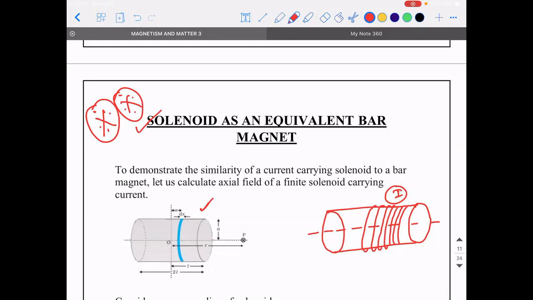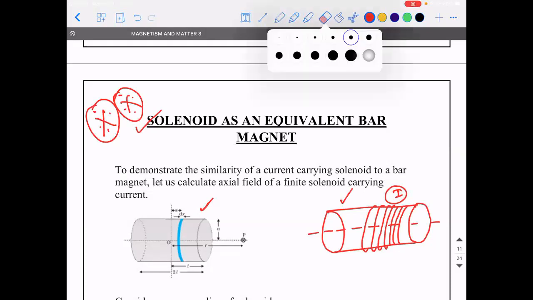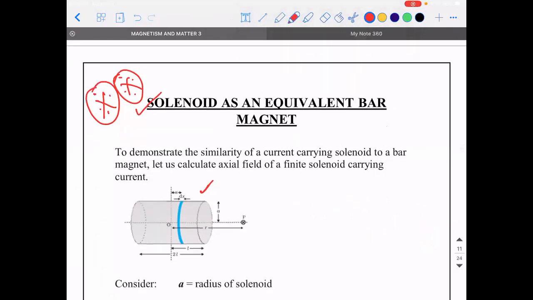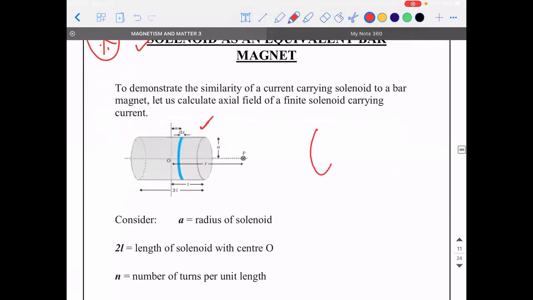So coming back to the derivation. When you look at a solenoid, the core of the solenoid is going to look in the shape of a cylinder. With respect to a solenoid, there are certain parts that you need to make a note of. This is called the axis of the solenoid.